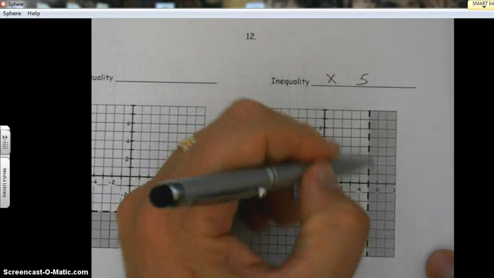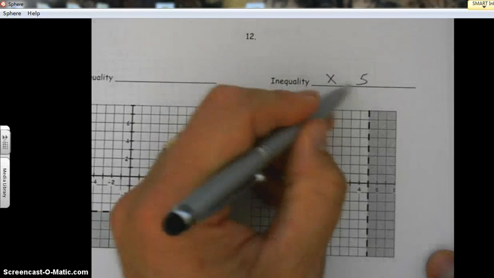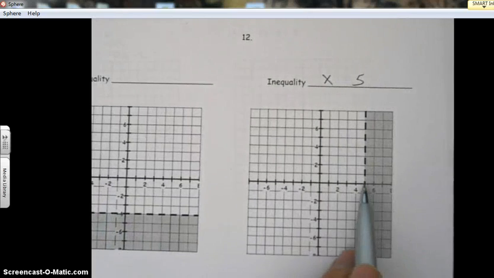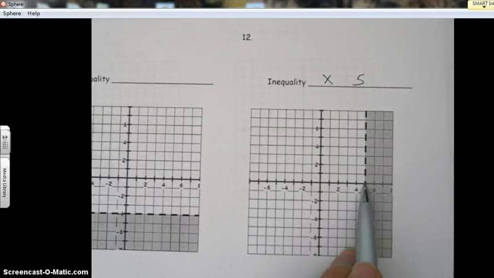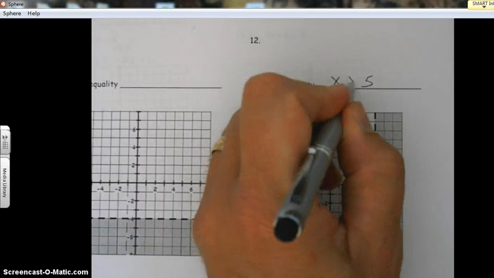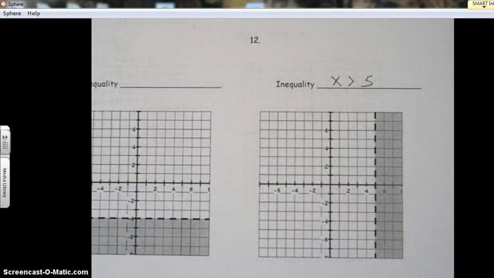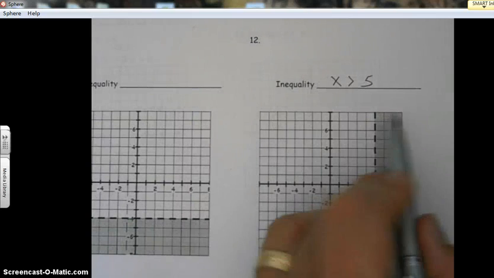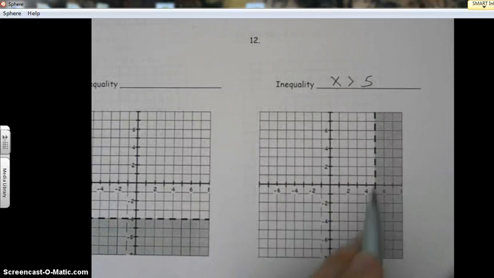Notice it's dashed, so no equal. So it's going to be all values greater than x because it's shaded to the right. So x is greater than 5 because the shading is to the right of the number 5.